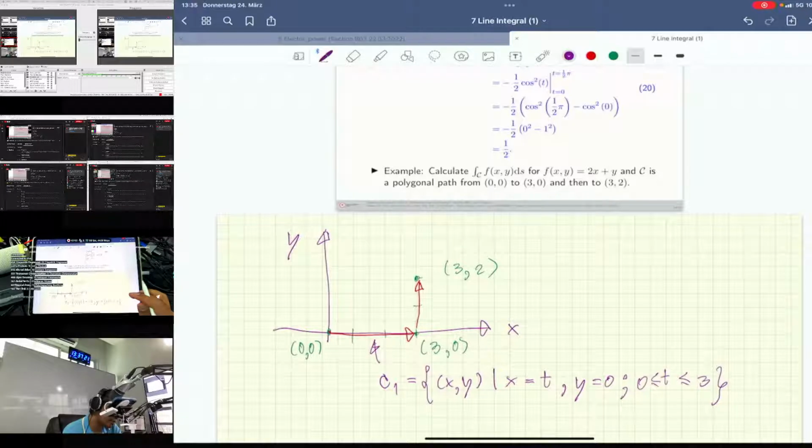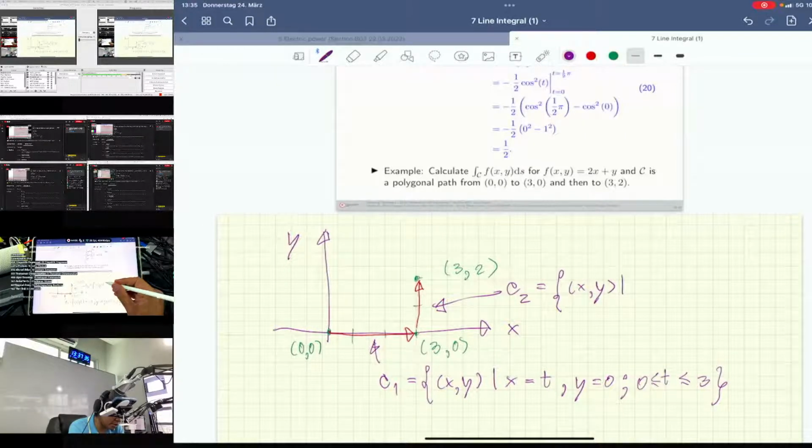And the next one is the second contour, the second curve. It's denoted by C2. C2 is the set of the coordinates x and y where x is always equal to 3, and y is equal to t, and t moves from 0 to 2, and that's the second curve.